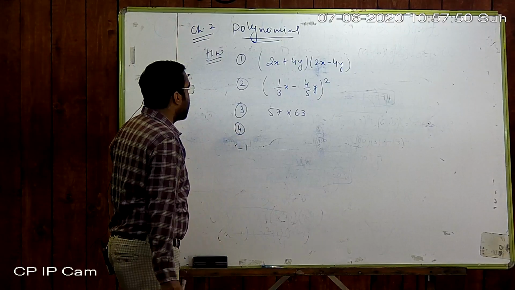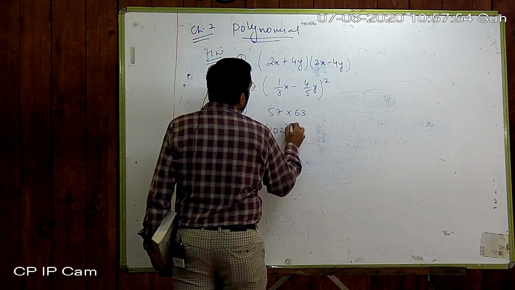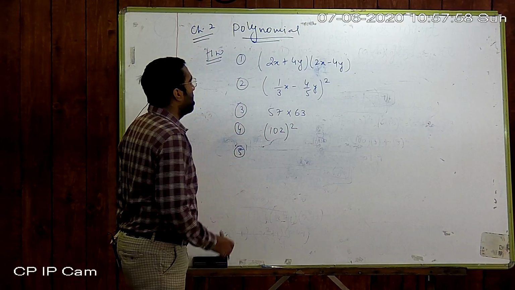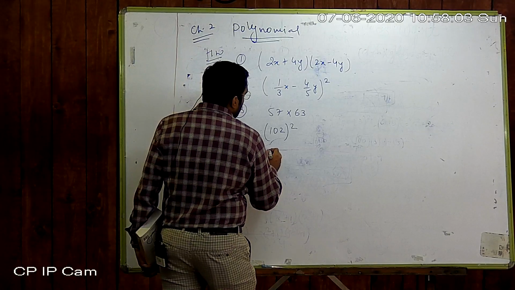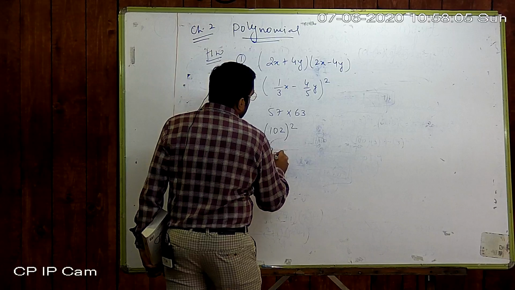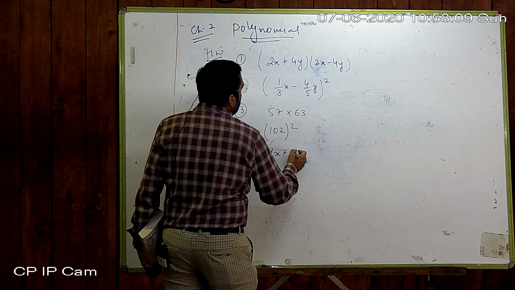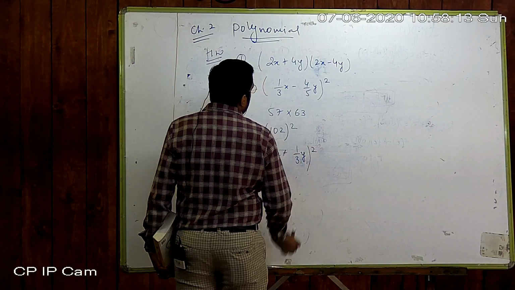Fourth one, 102 whole square. Fifth one, 9x plus 1 by 3y whole square.